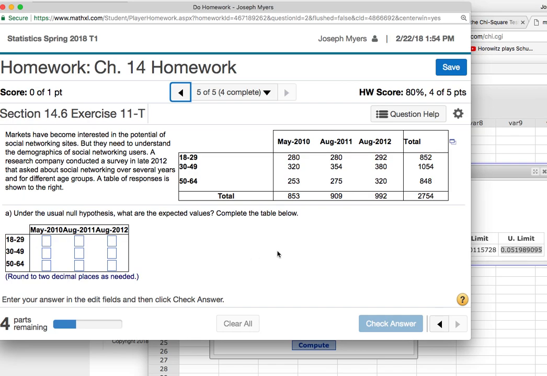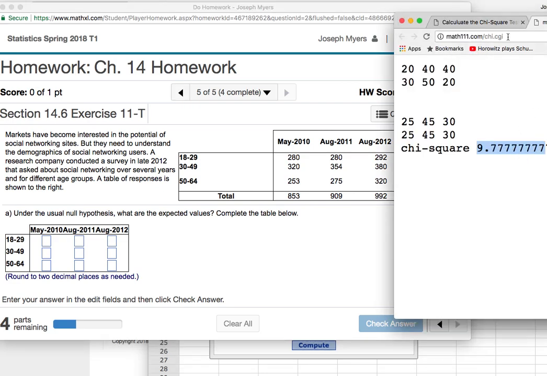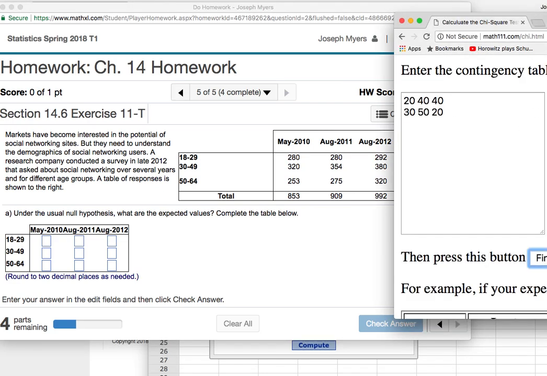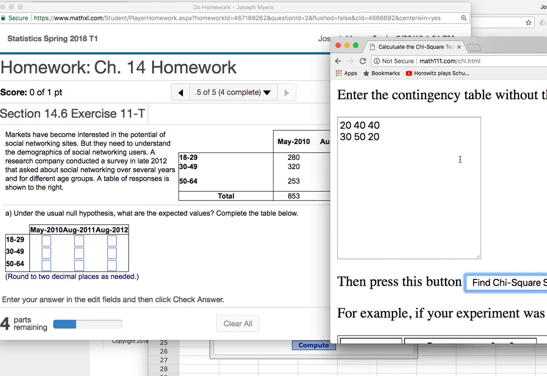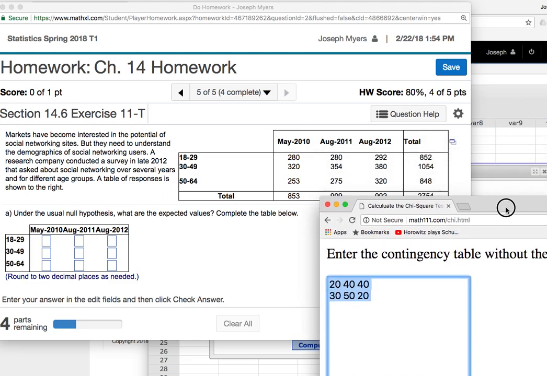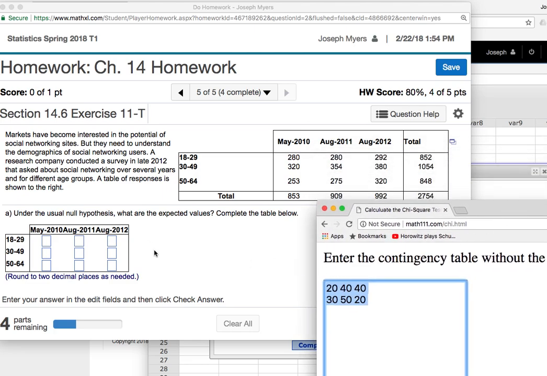Okay, let's go ahead and do this problem as well on the same video. We can do this with my website again. So math101.com/chi.html, and I'll enter in the numbers given. So notice this is a chi-square test for independence. There is just one survey.